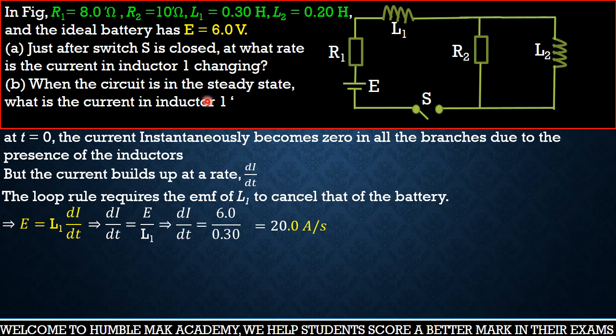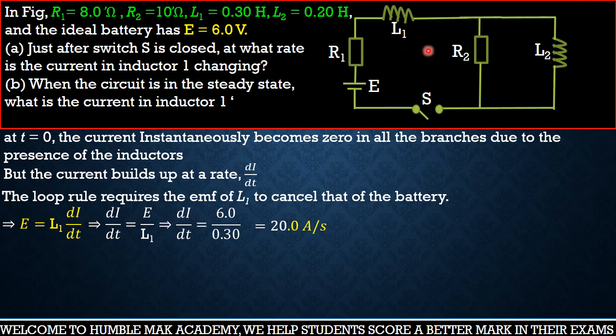So now the next part is saying that when the circuit is in a steady state, what is the current in the inductor L1? Great. Now, when the current in each of these inductors must have built up to some maximum value, the potential difference across each of these inductors now is 0.